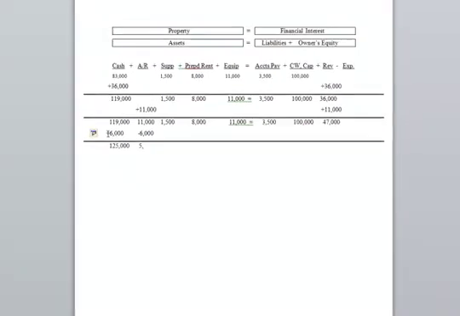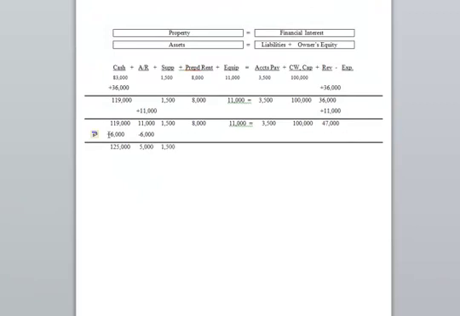So we're going to draw a line across the page, and we're going to bring our totals down. $119,000 plus $6,000 is $125,000. The customers did owe us $11,000, but now they've paid $6,000, so now they only owe us $5,000.